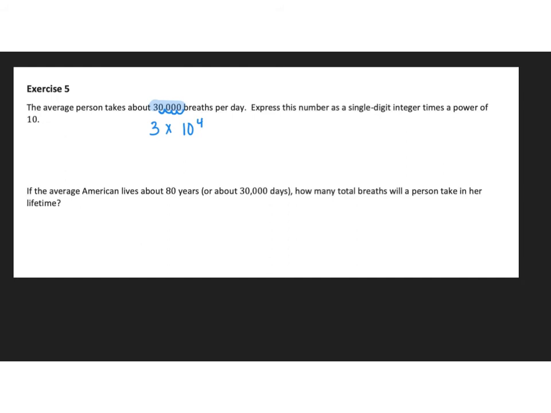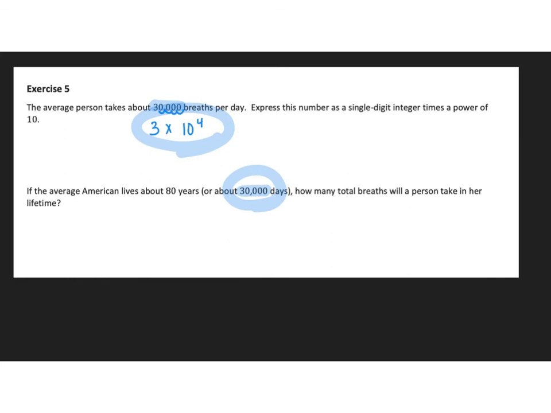If the average American lives about 80 years, or about 30,000 days, how many total breaths will a person take in her lifetime? So now we have this number. So this is 1 day, right? We're trying to figure out how many times they're going to do that in 30,000 days. So we're going to be multiplying these two together.